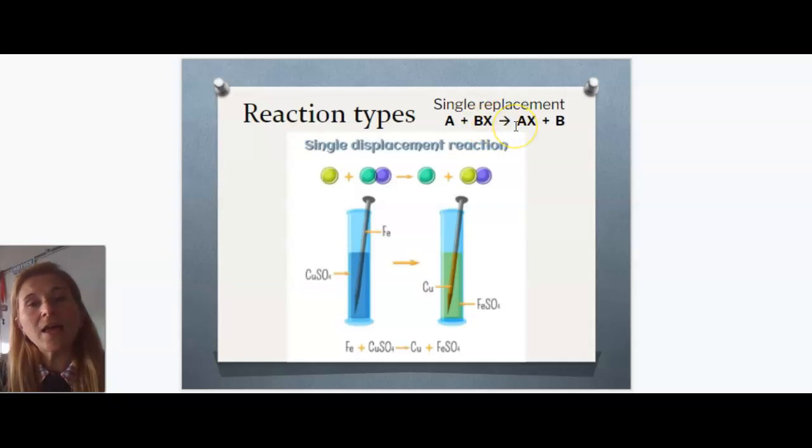And they collide and we produce a new molecule where A bumps off cation B and forms with the anion. So A and B are both cations and X is an anion, and they have switched what cation or metal is bonded to the nonmetal in this situation.